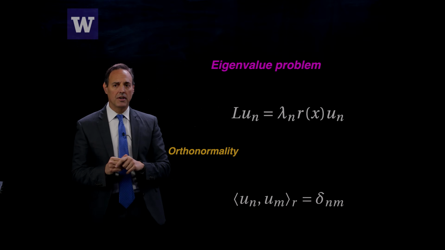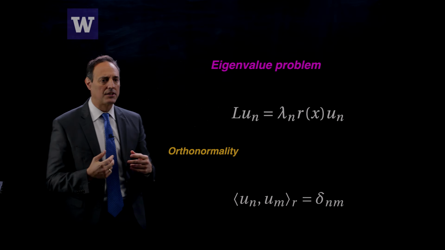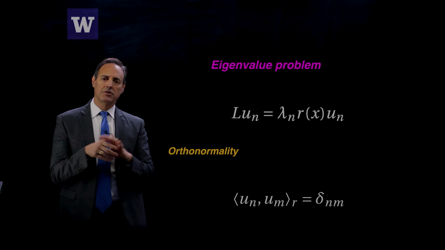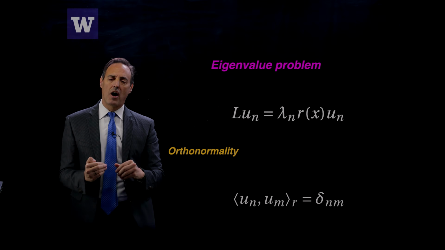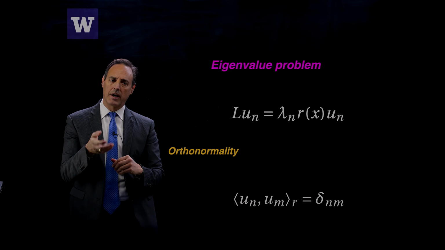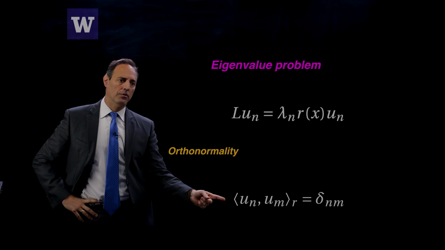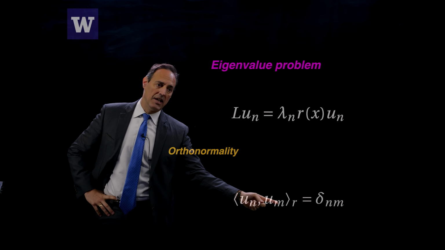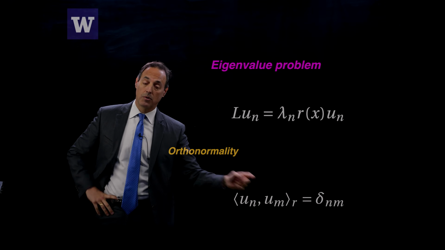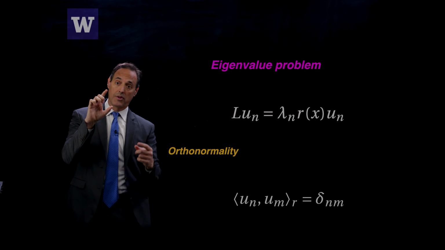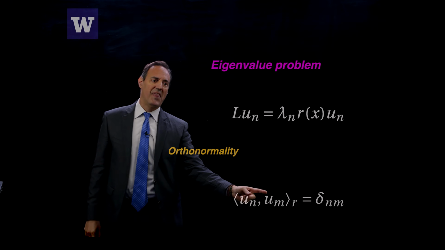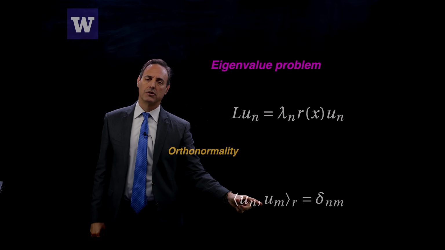So here's the big thing about that r of x. The eigenfunctions of the Sturm-Liouville problem are orthogonal with respect to that weighting r of x. In other words, you have this relationship here: u_n comma u_m in the r inner product, so that inner product has the r of x in there, and under it these functions are orthonormal.